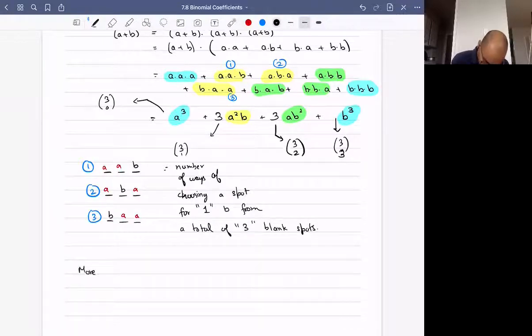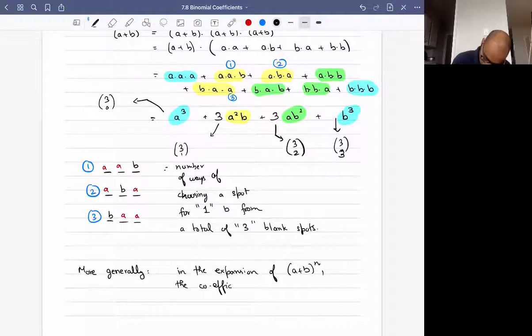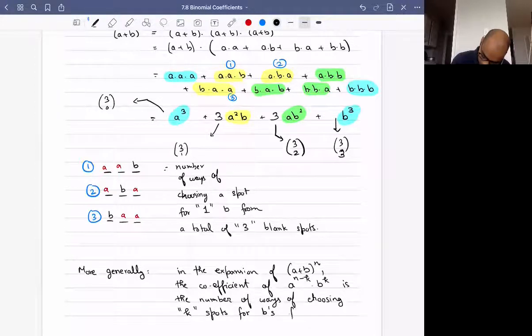More generally, in the expansion of A plus B to the n, the coefficient of A to the n minus k, B to the k, is the number of ways of choosing k spots for B from a total of n blank spots.